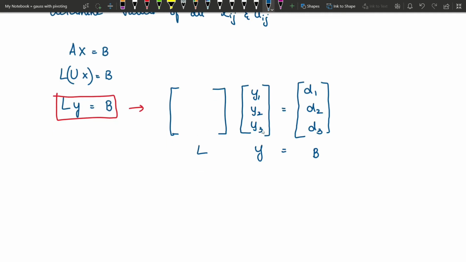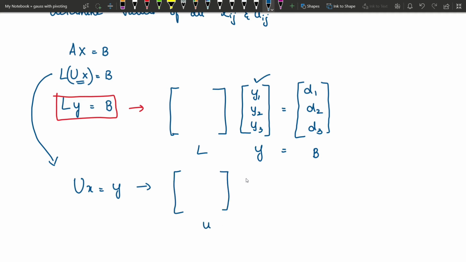They are the new set of intermediate variables that we have introduced. We have already found the lower matrix. Multiply lower triangular elements with these intermediate unknown variables and equate them to the RHS values. You will get the values of Y1, Y2 and Y3.